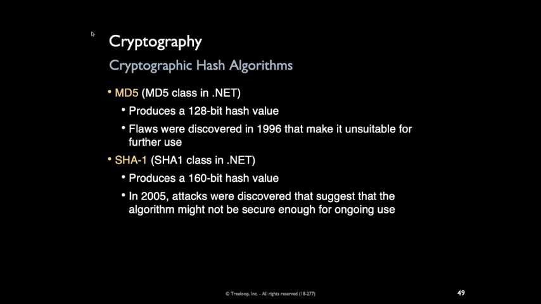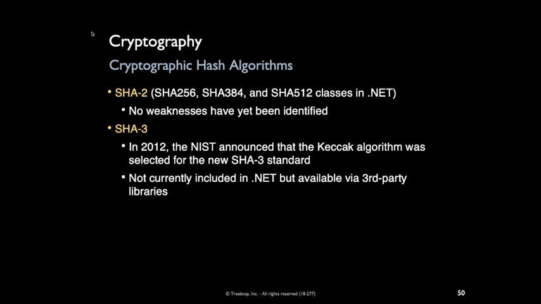Now, there are different hash functions that are available in .NET. MD5 is one, but there were flaws discovered in that around collisions, and so we aren't supposed to use that for cryptographic tasks. There's SHA-1, which produces a 160-bit hash value, but in 2005 some attacks were discovered, so that might not be secure for additional use. And then we have SHA-2. So no weaknesses discovered yet.